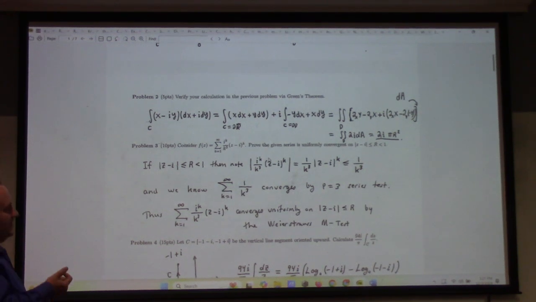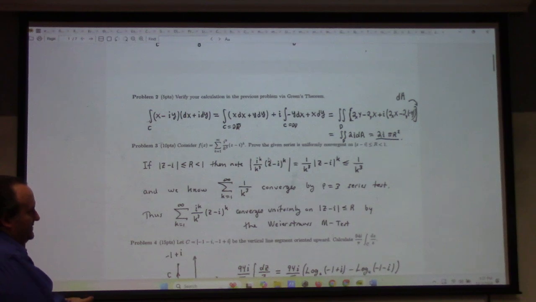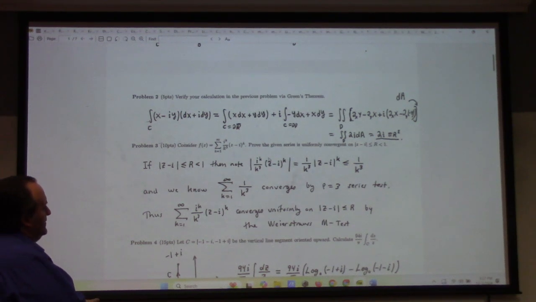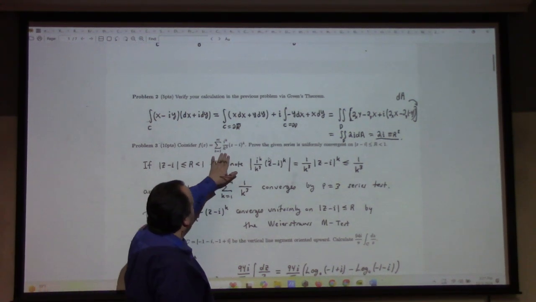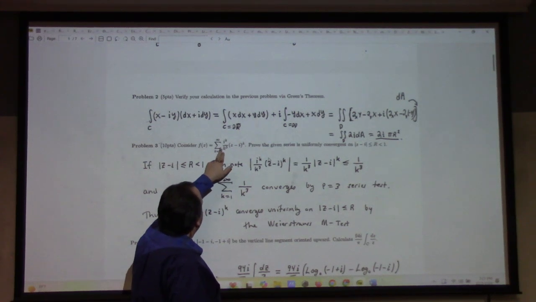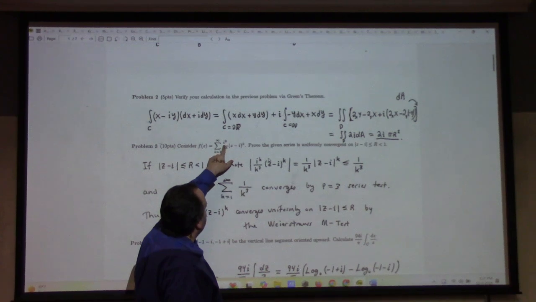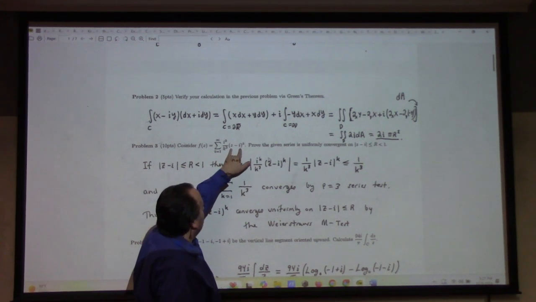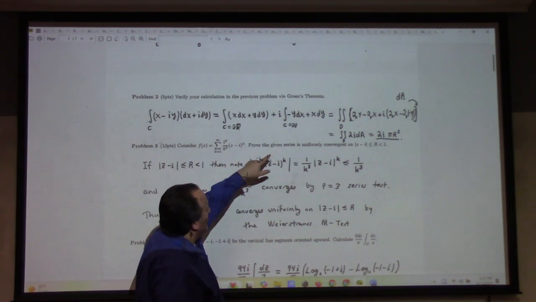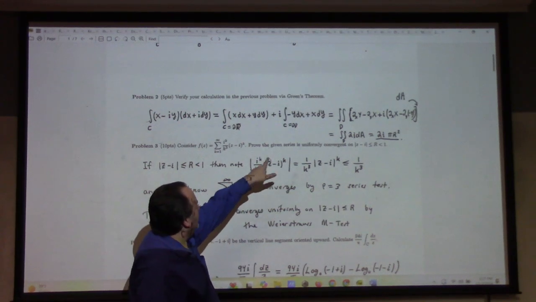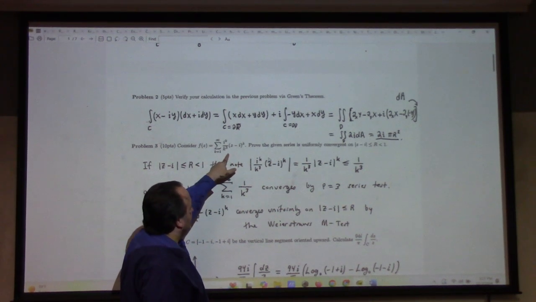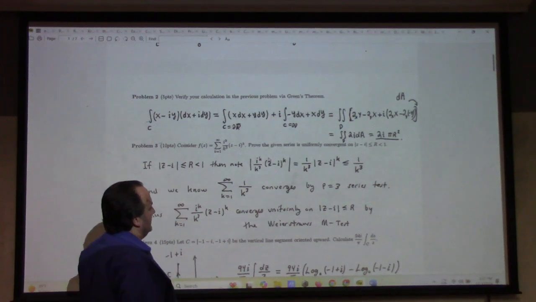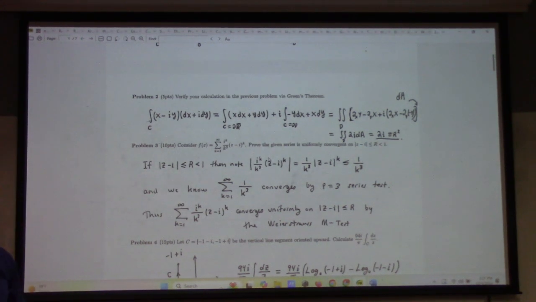This one is a Weierstrass M-test question. So I see something like this, I look at it, I go, oh, that's a p equals 3. Because when you take the modulus of this, the modulus of i is 1. So if I'm less than 1 unit away from the center here, I can dominate the series by a p equals 3 series.